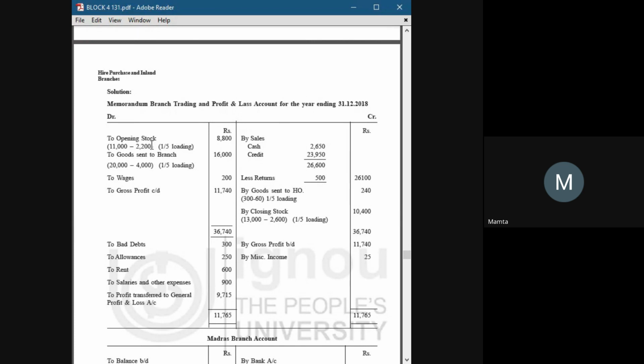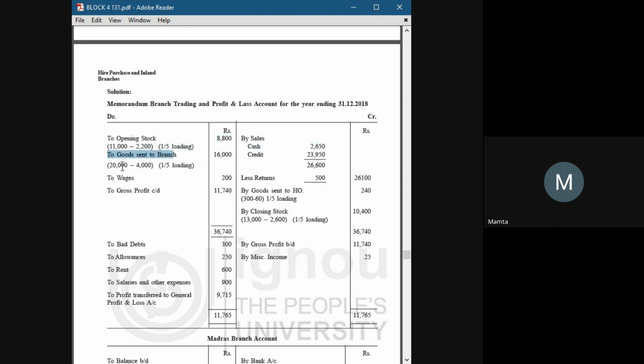Now to calculate it, we calculated 1 by 5 of the loading, and that amount is 2,200. When we deduct it out of 11,000, we get the cost price, which is 8,800.